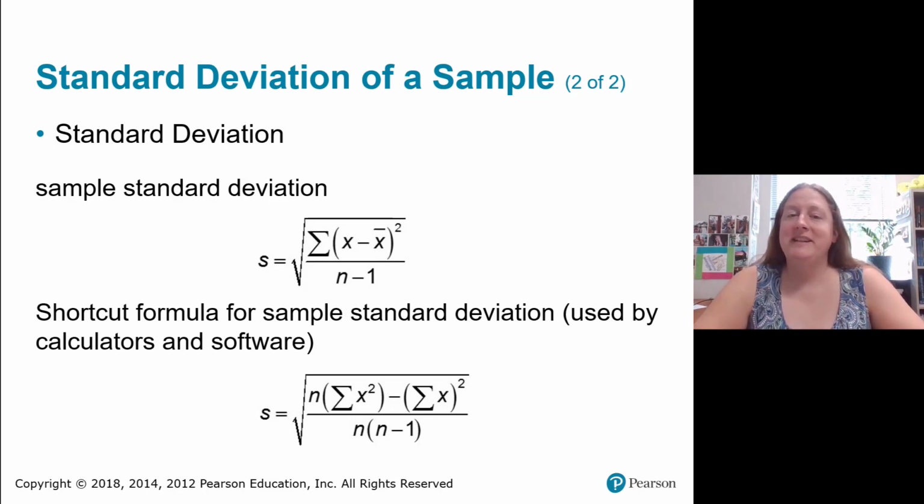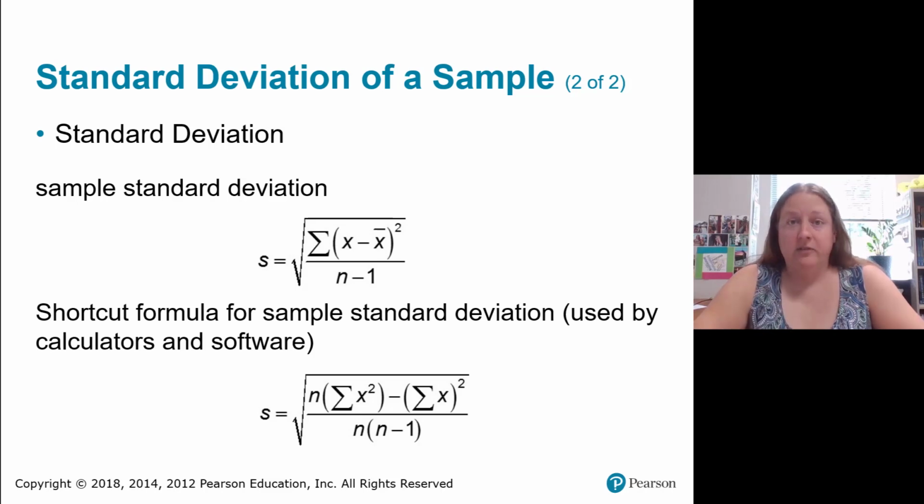However, it's usually easier to use when we're using calculators and software. For this one, you take n, the number of elements in your sample, and multiply it times the sum of all of our data values in our sample squared. So we're going to take all of our data values, square them, then add them up, then multiply them times the number of data points in the sample, and subtract from that the sum of all of the data points.